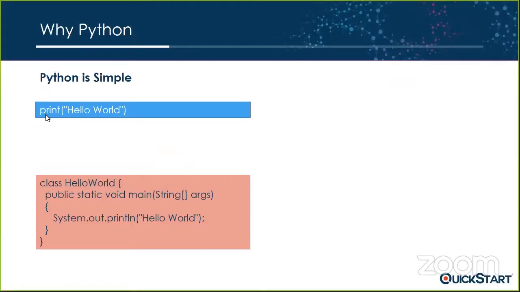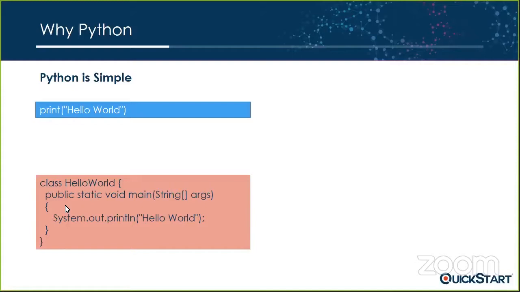So Python is a very simple language. On this screen, I have two different types of syntax. For instance, let's talk about this bottom syntax, which is written in Java, obviously another programming language, very similar to C# and languages like C++.